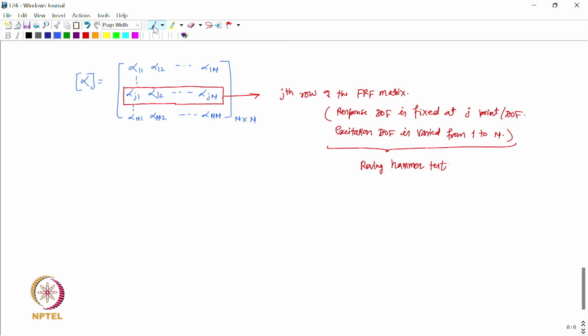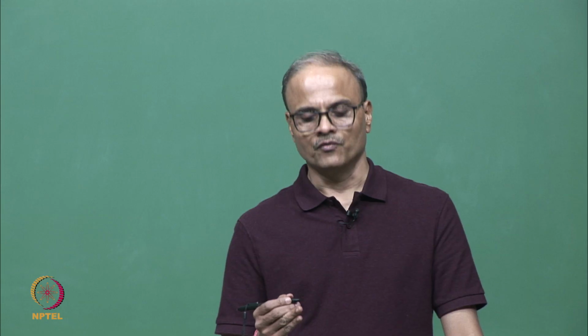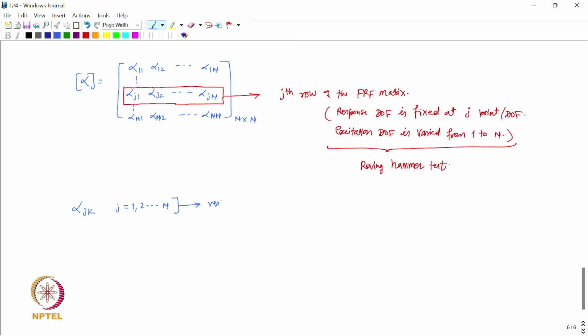An alternative is to measure all the FRFs alpha j k by varying the jth coordinate from 1 up to n. All these FRFs which result represent the kth column of the FRF matrix.